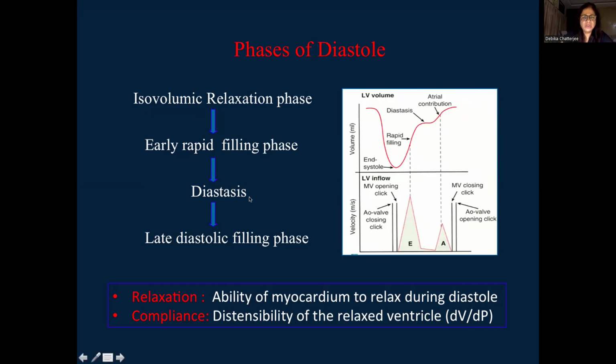And that phase is called diastasis. This is the diastasis phase in this Doppler spectral pattern, where there is very little flow from the pulmonary vein to the ventricle directly, where the LA is used as a conduit.